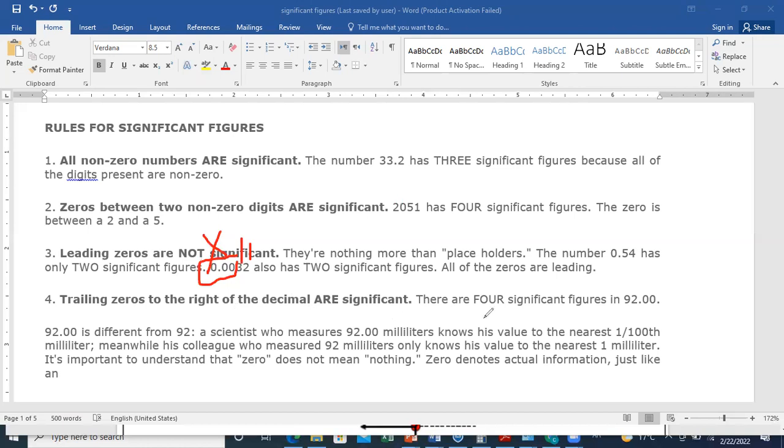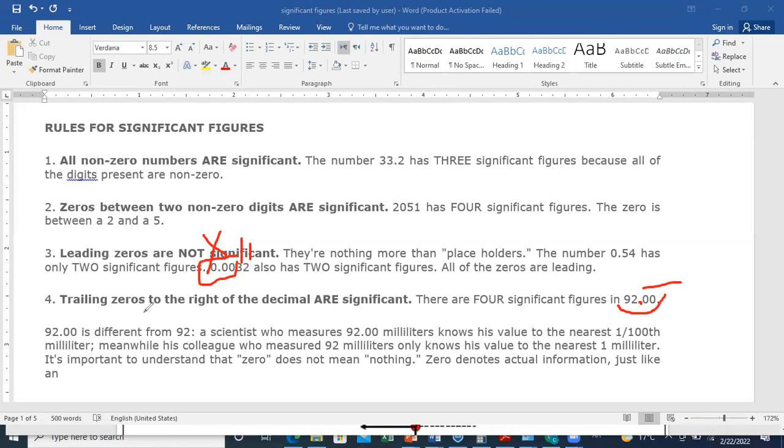If you have consecutive zeros after the decimal point, you should count them. So when we say 92.00, this is 4 significant figures.